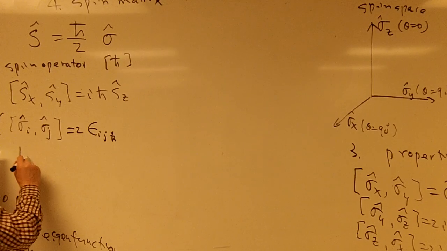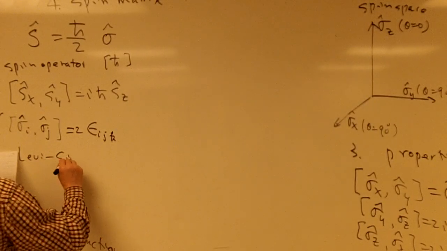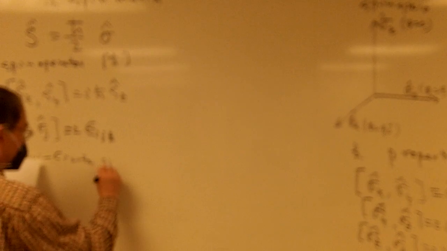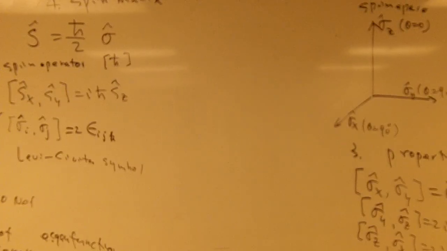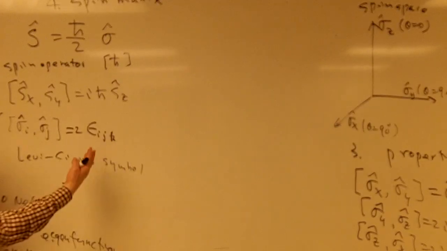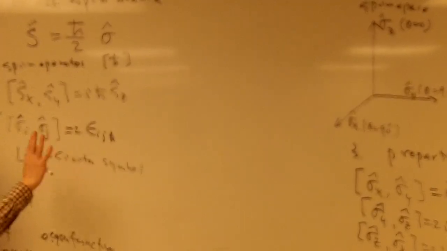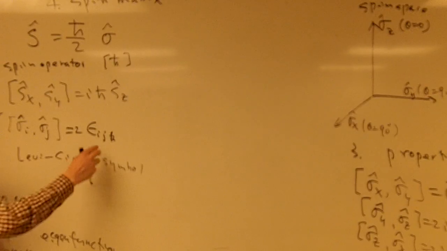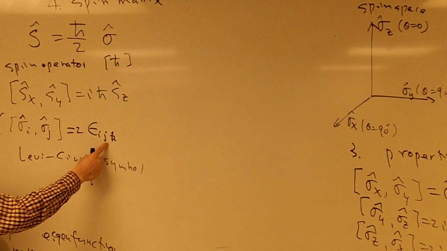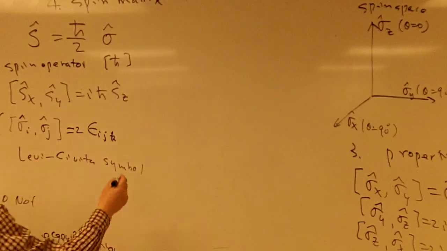This is called the Levi-Civita symbol. This means if you are in order 1, 2, 3, it equals 1, that's fine. But anything that changes the order, you get a negative 1. If two indices are repeating, you get a 0. So that's the main idea.